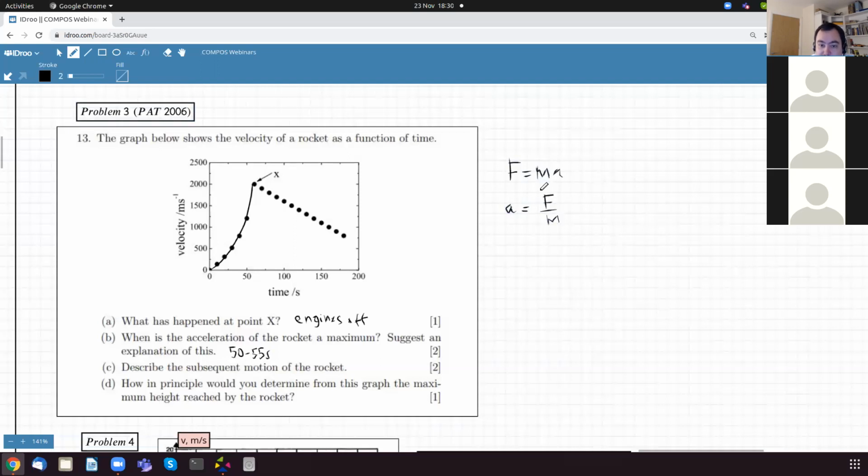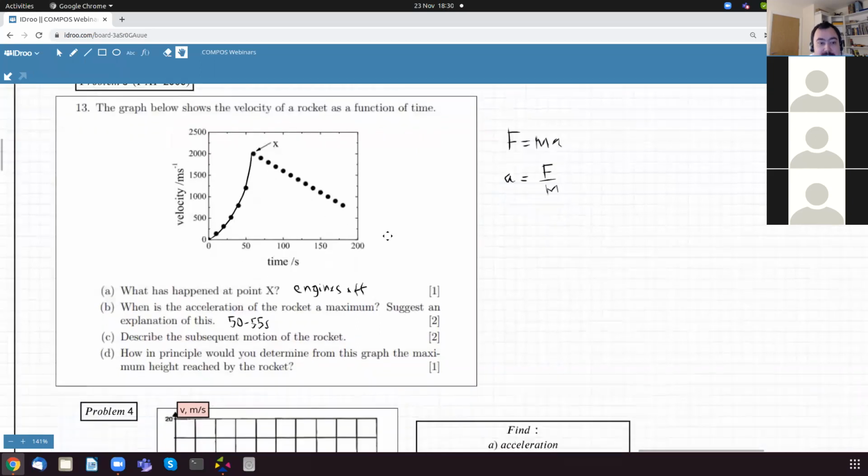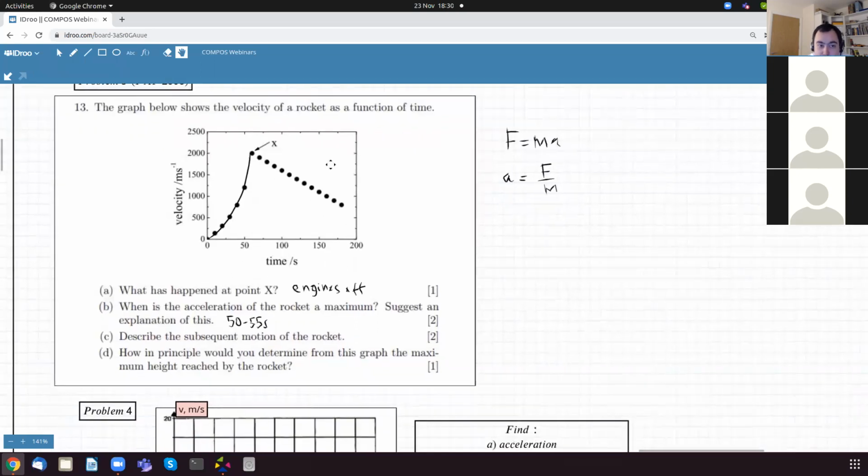So if you have the same force, but as the fuel burns out, the mass decreases. As the rocket runs low on fuel, mass decreases. And for a given force, you have more acceleration. A heavier rocket will have less acceleration, and a lighter rocket has more acceleration because A equals F over m. The smaller the mass, the greater the acceleration.